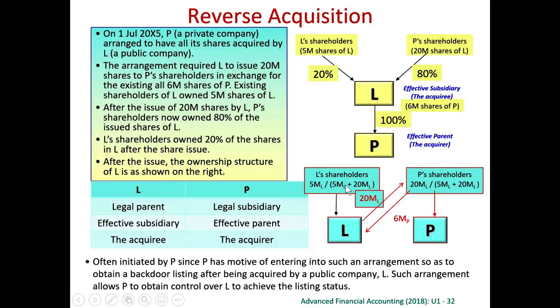So 5 out of 25 is only 20%. The other way around, P's shareholders receive 20 million new shares of L, so they now have 20 over 25. 20 over 25 is 80%.